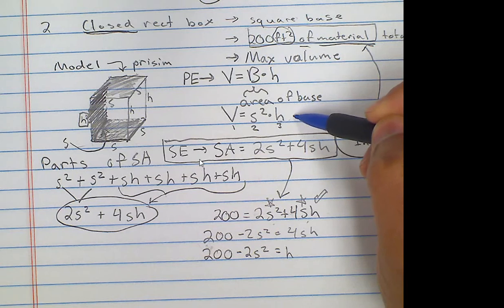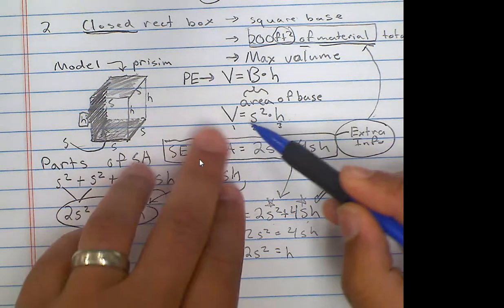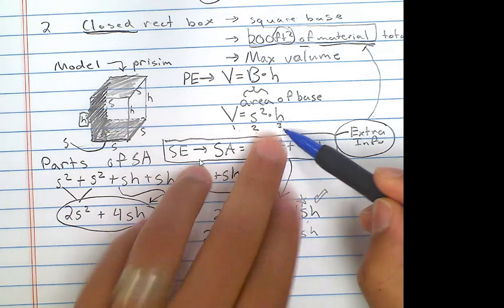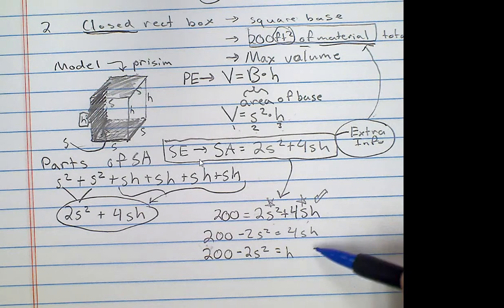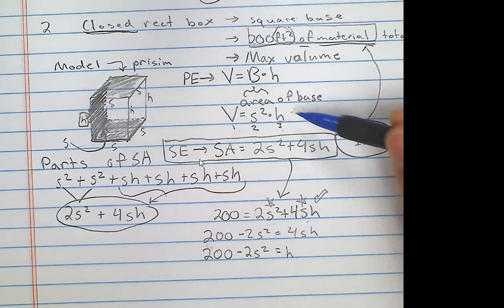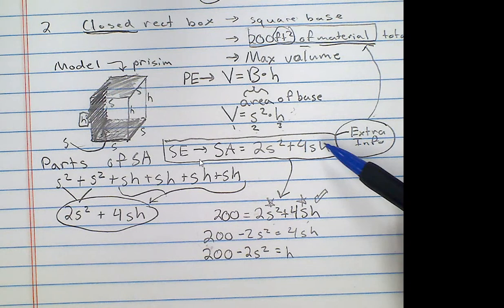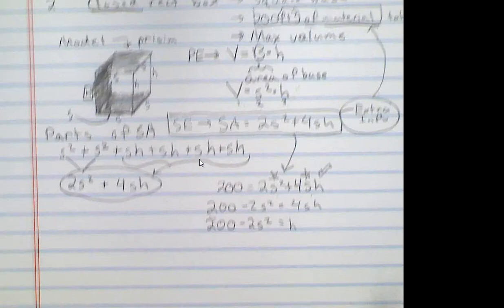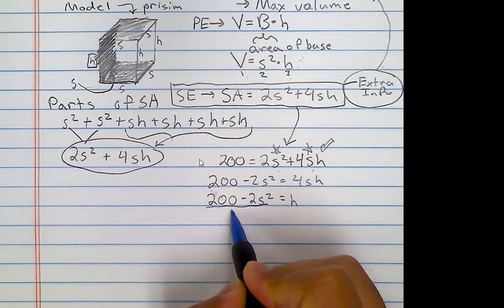Well, this is what we're going to use to take the derivative. But look, 1, 2, 3 variables. We can't maximize volume unless we use something to get rid of one of these variables. Okay. Alright, so we're using the secondary equation to get rid of one of the variables. We've already solved for H. We've got 200 minus 2s squared divided by 4s.